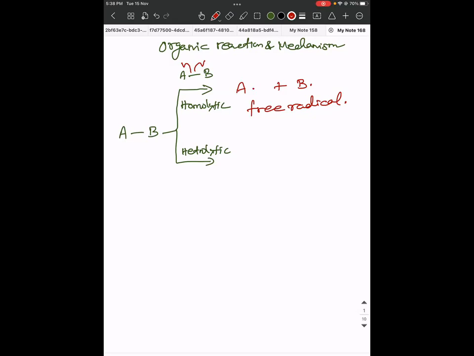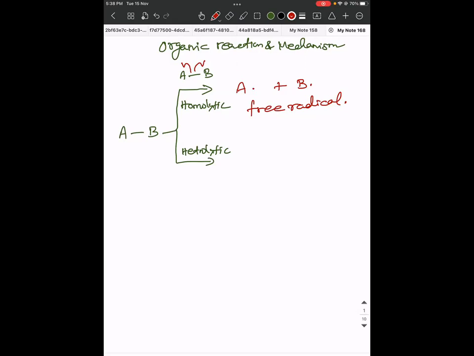What is a free radical? A free radical is an odd electron species. It doesn't contain any pair of electrons, whereas a lone pair is a pair of electrons. Free radicals have unpaired electrons. What magnetism will it show if it contains unpaired electrons? Clear? These are the points you have to remember.